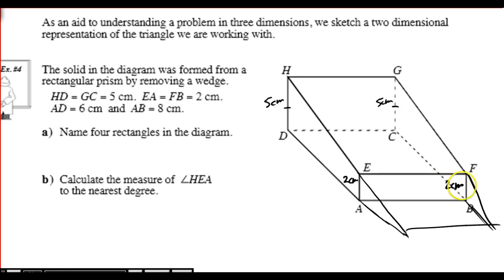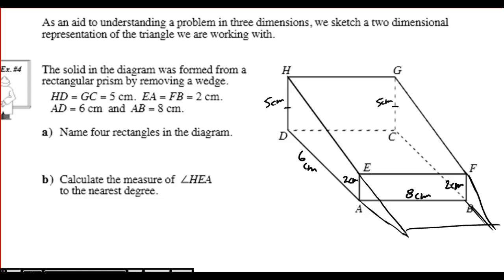Okay, and AD is 6 centimeters, and AB is 8 centimeters. Now we have all the dimensions here. Name 4 rectangles in the diagram.